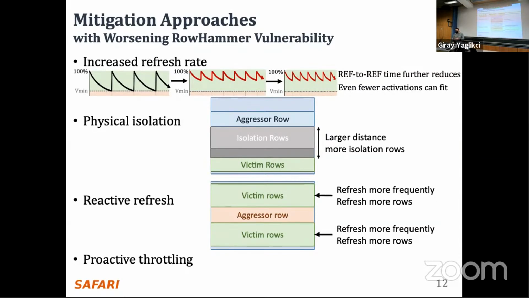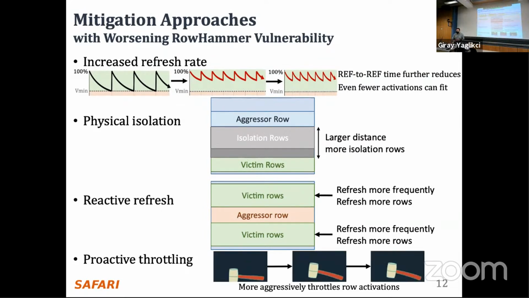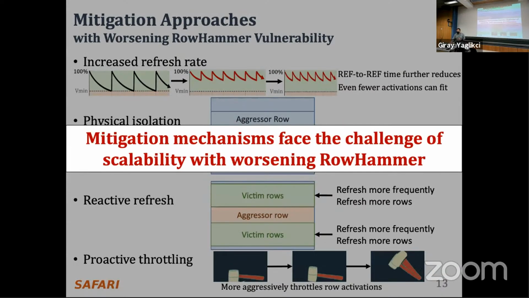Reactive refresh needs to refresh more potential victim rows and refresh them more frequently. And proactive throttling needs to slow down the system even further. So we conclude that all these mitigation mechanisms face the challenge of scalability with worsening RowHammer.